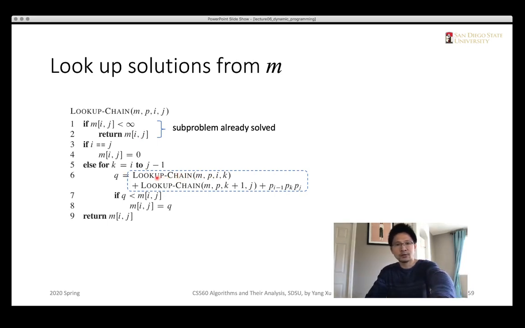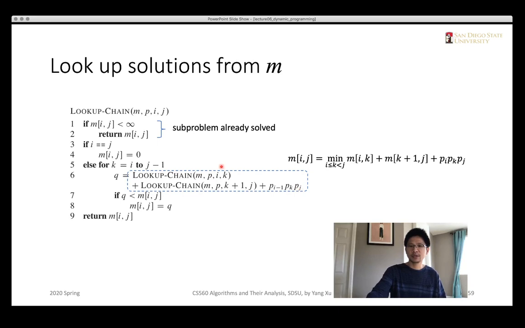We call lookup chain recursively on the first part of the subproblem that ranges from i to k, and the second part that ranges from k plus 1 to j, plus the additional cost, right? This p[i-1] times p[k] times p[j] is the additional cost that we have been talking about over and over again.